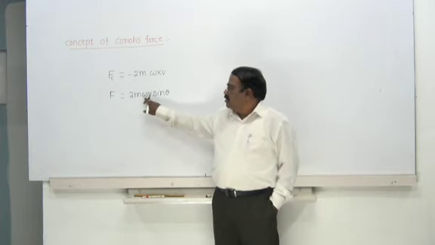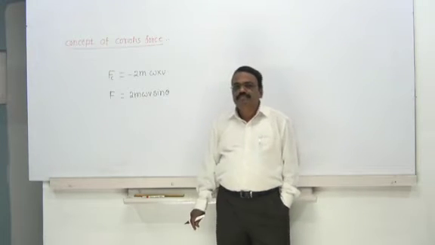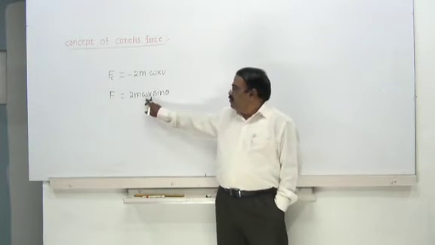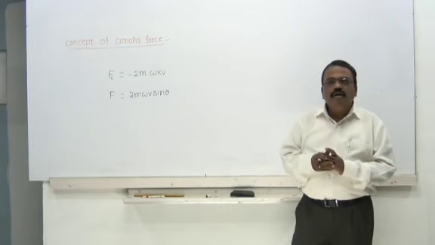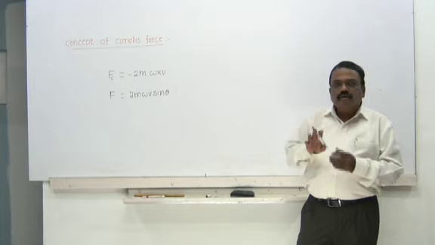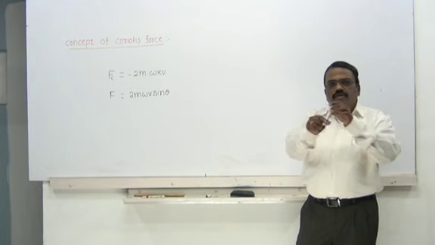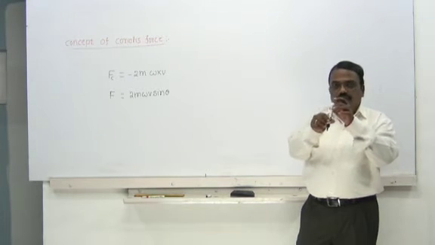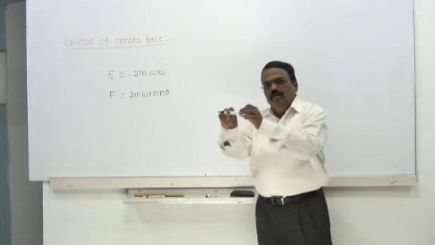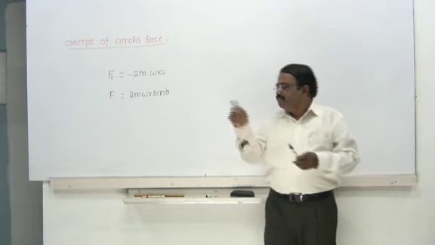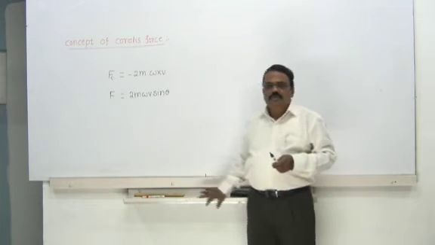See, this Coriolis force is 0 if omega is 0. If omega is 0, it means the frame of reference is not rotating. If the frame of reference has linear motion, then also omega is 0.